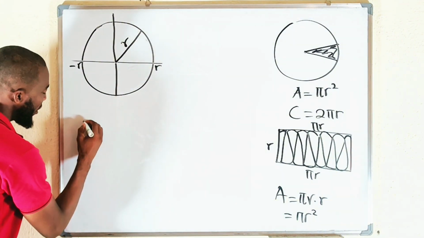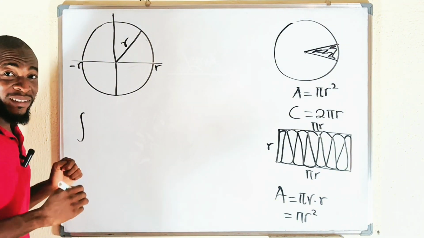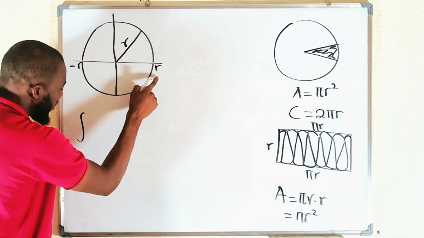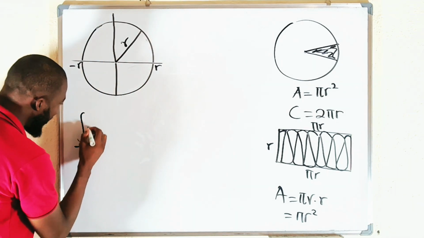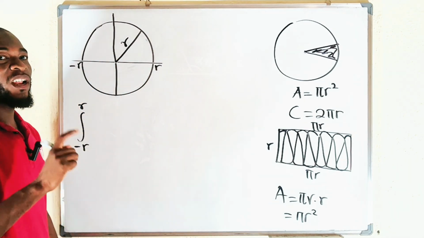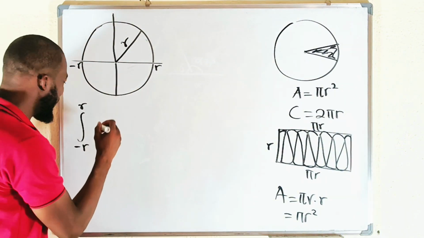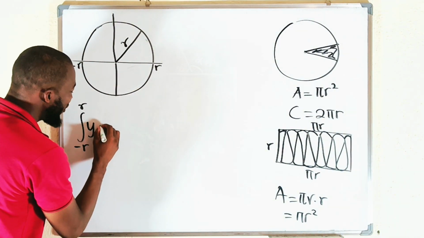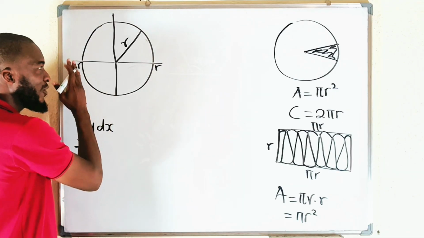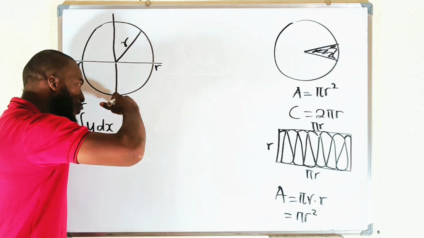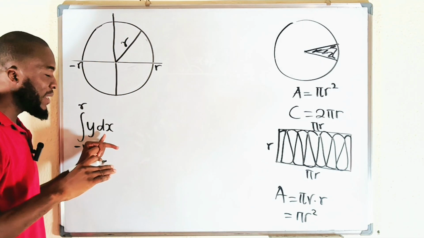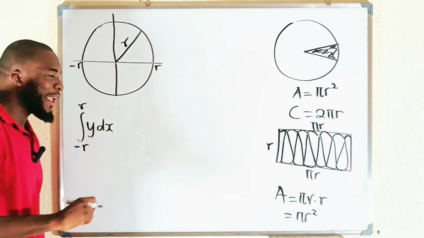So it is going to be the integral from negative r to r of the function used to construct this circle on the grid, which is y, with respect to x. If you decide to go from bottom to the top, it is going to be dx.